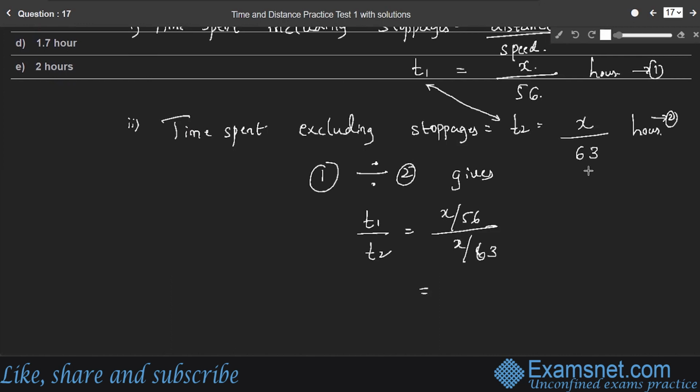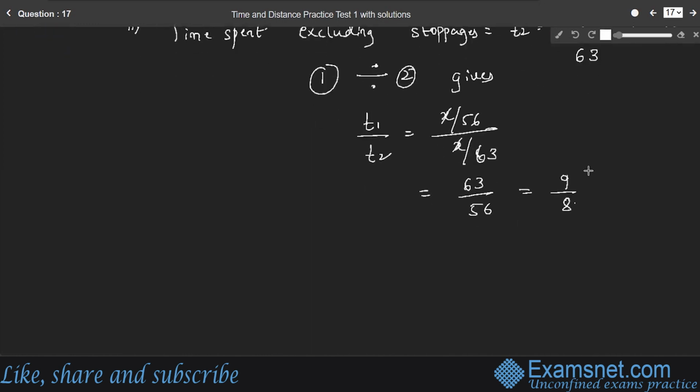So 63 goes to numerator, it becomes 63 by 56. Here x and x will get cancelled. So 7 into 9, 7 into 8. So T1 and T2 are in the ratio 9:8. That means if time taken including stoppages, T1, is 9 hours, then time taken excluding stoppages becomes only 8 hours.